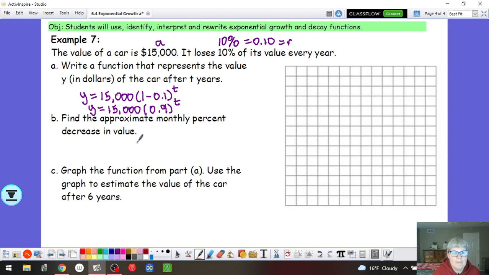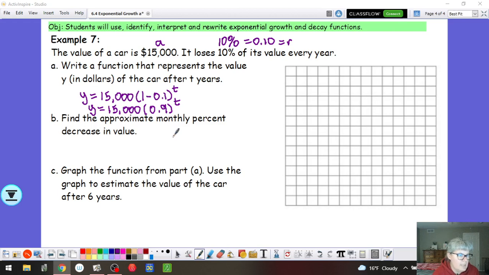Find the approximate monthly percent decrease in value. So if we want to find the approximate monthly decrease in value, we're going to need to do a little bit of extra work on our rate here. For monthly, it's 12 times in a year, but this is being calculated annually.